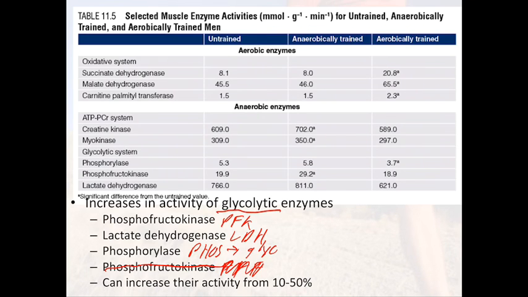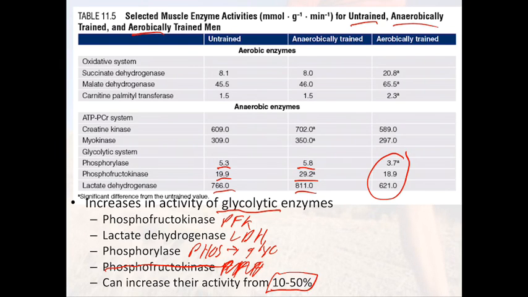And by looking at this table, you can kind of dissect it. What we see with untrained, anaerobically trained, and aerobically trained is an increase in these enzyme levels from about 10 to 50%, in particular in the anaerobically trained ones. We see phosphorylase going from 5.3 to 5.8, PFK having a nice jump, LDH having a nice jump, and we don't see that with the aerobically trained.